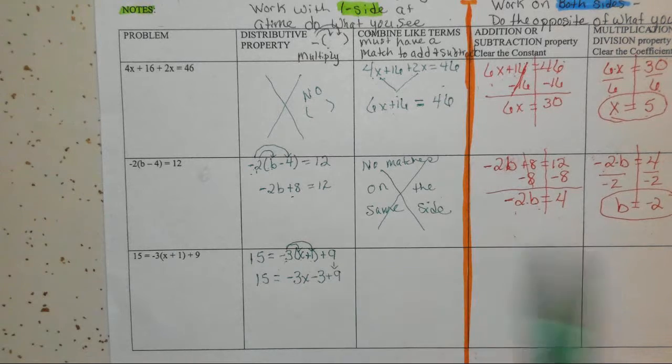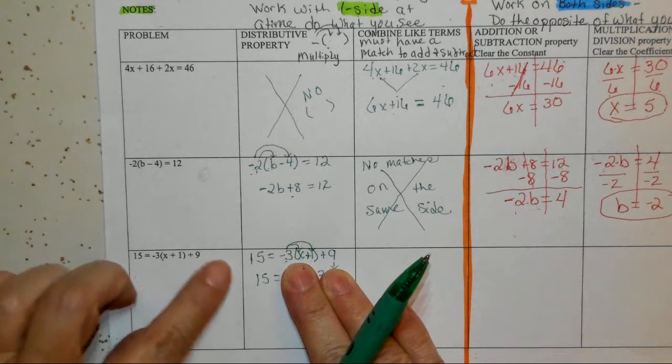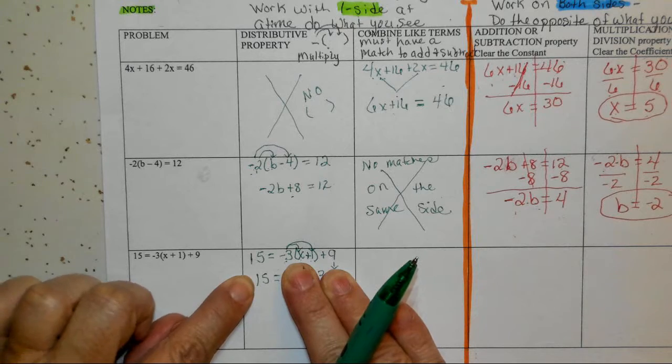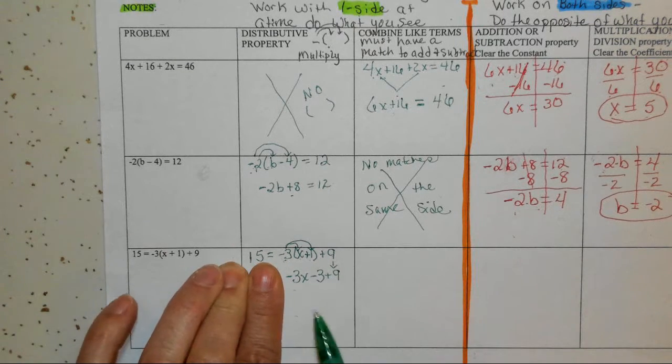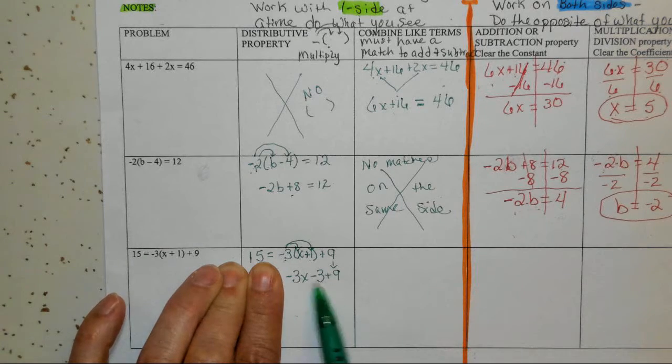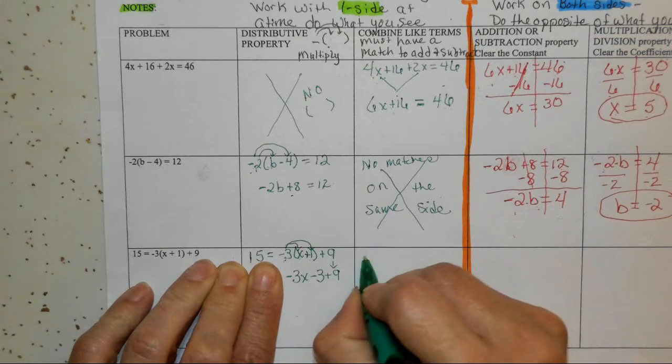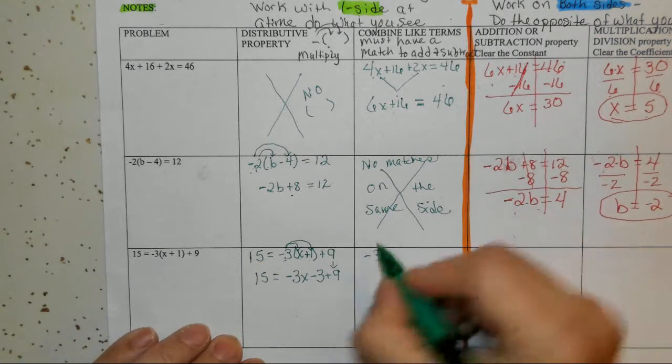So now I ask myself, do I have like terms? Are there matches on the same side of the equal sign? So if I cover up this side, that side is simplified as much as I can. If I cover up this side, I see we have some things here we can bring together. So that means that we have like terms.